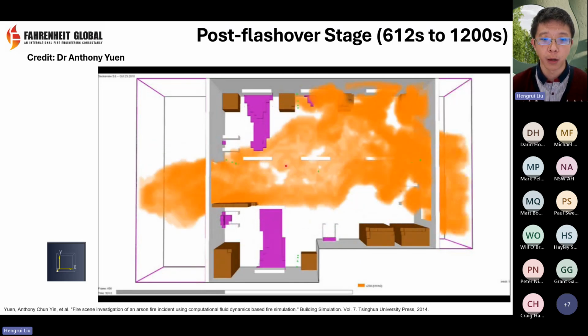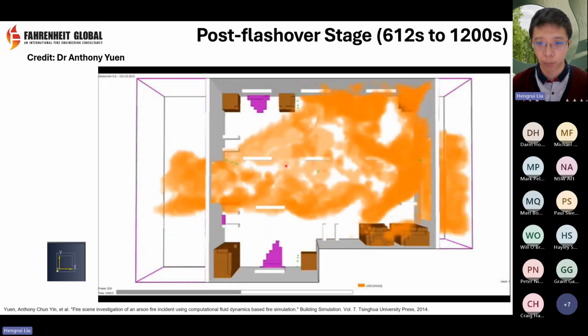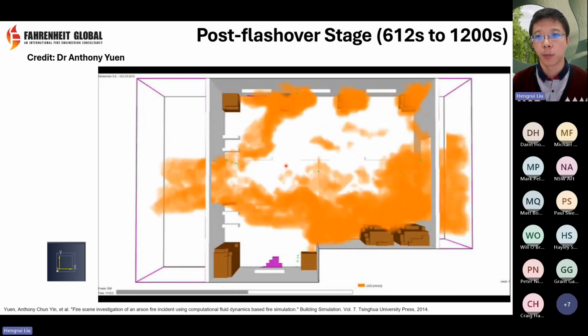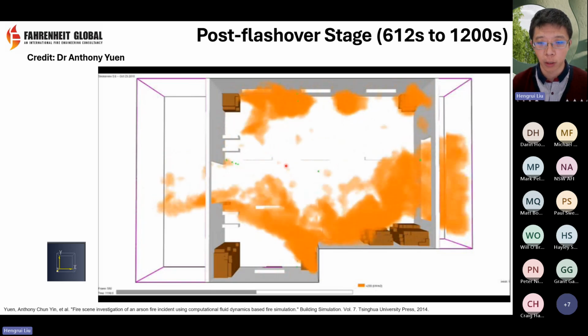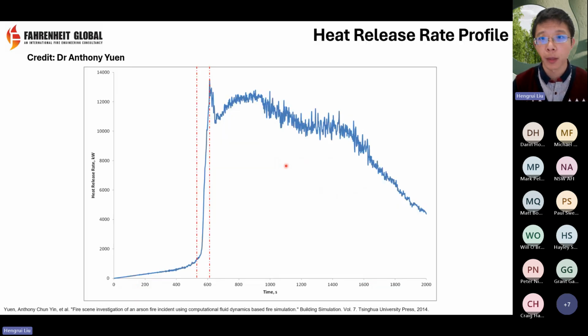So you see the beds burned away, the wardrobes burned away, the drawers burned away, everything. So that's between 10 minutes to 20 minutes. This answered our question: what is really causing the fire to propagate in this room in such a short time, within 20 minutes, everything's gone.